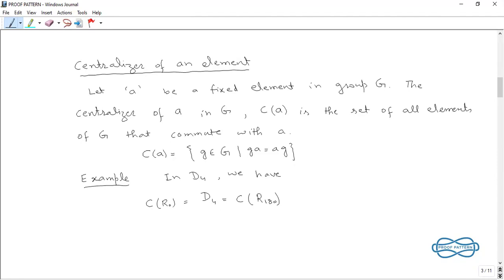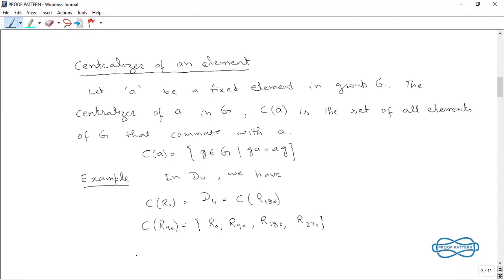But for other elements, for example R90, the rotation with 90 degrees, its centralizer is the identity, R90 itself, R180 and R270.